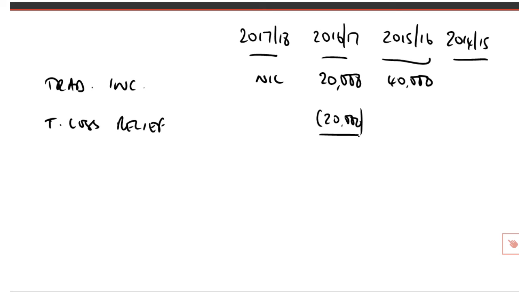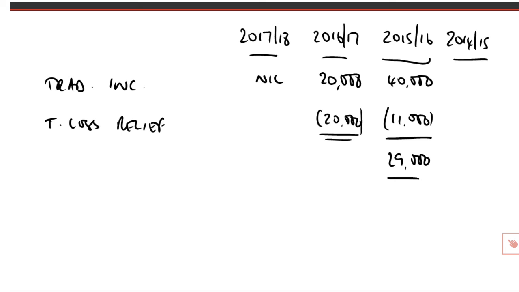We've used 20 out of 31, that would leave £11,000 to be set against the 40,000, bringing that down to £29,000. So the terminal loss relief is set off against just the trading income figures of the previous 3 tax years, on a last in first out basis from the most recent year going back in time.